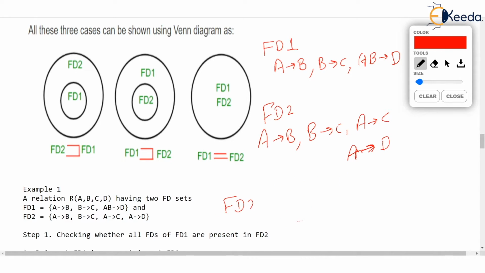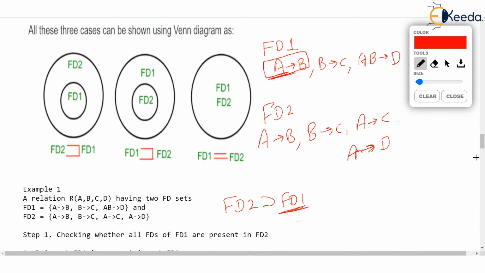Let's take A determines B. Look, I am marking it here. Now the question is, can this FD be derived from FD2? A determines B is there in FD1. Can it be derived from FD2? Of course, yes, because you can see that it is readily present in FD2, isn't it? We are lucky here.